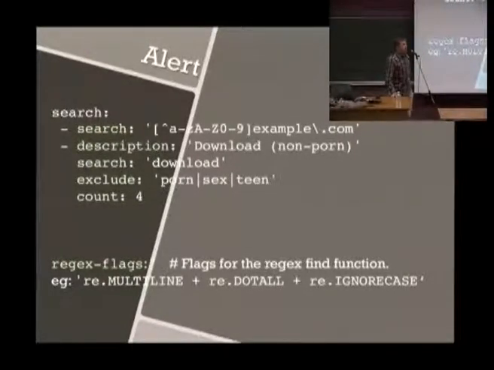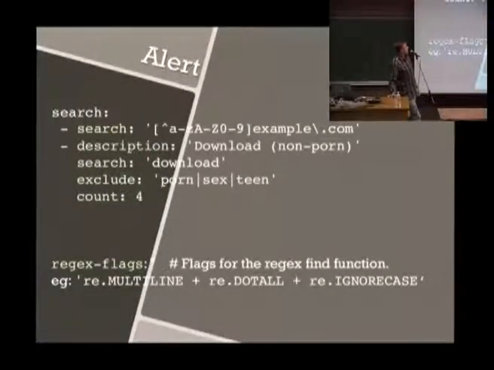You can also put in a description, which is more user-friendly in emails and in logging. But for some cases you like to exclude things from the search. For example, in the second line I have a search for download, but I do not want to see the words porn, sex or teen, and I want to have at least 4 hits of the search keywords, and only then it will alert me.